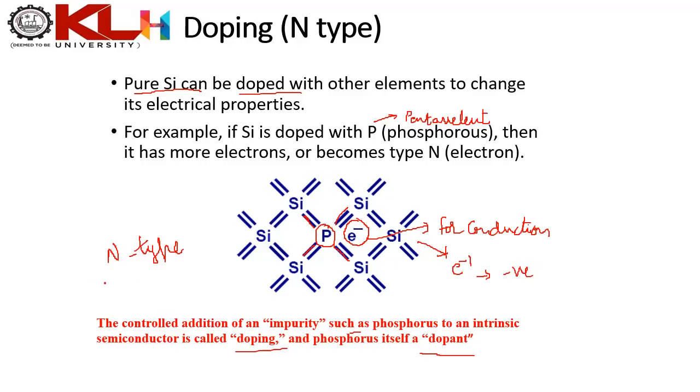So that is why phosphorus is called an n-type dopant, and silicon that is doped with phosphorus is said to be doped as n-type. Of course it all makes sense because of the excess electrons that are left out in the pentavalent phosphorus.